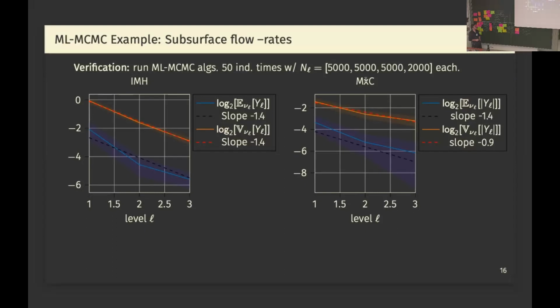However, the independent Metropolis Hastings case has a slightly faster decay on the difference of the variances. The reason is, again, that this independent Metropolis Hastings method, if the proposal is quite good, is going to rejoin the chains more often than, say, the maximal coupled one.